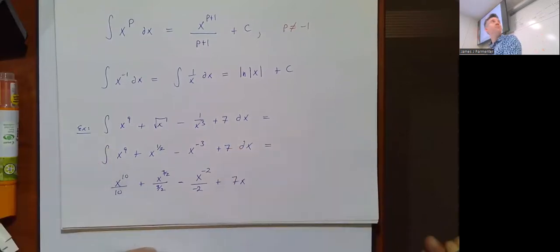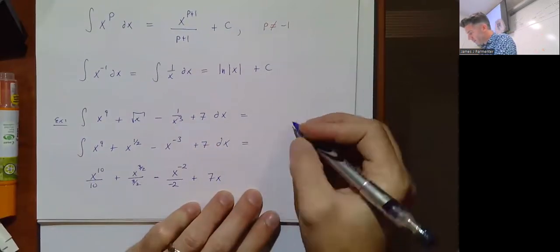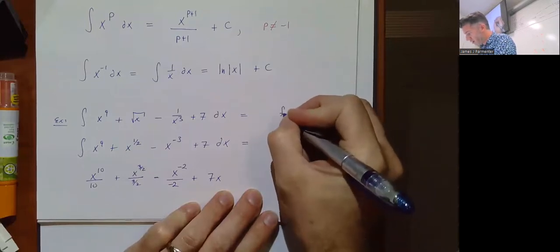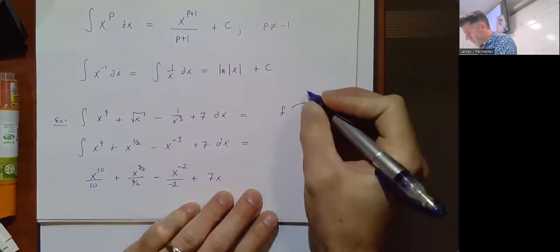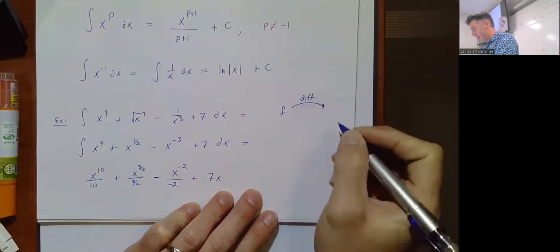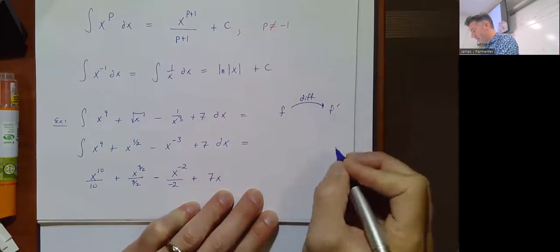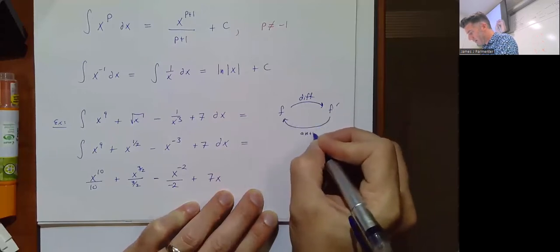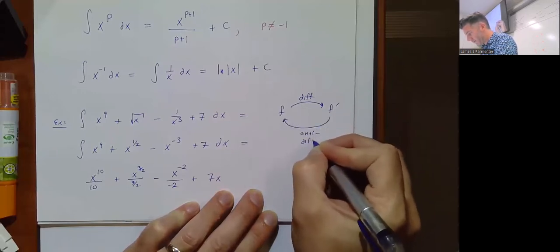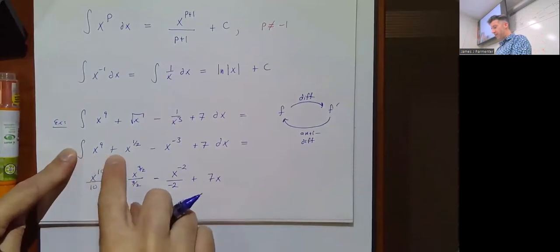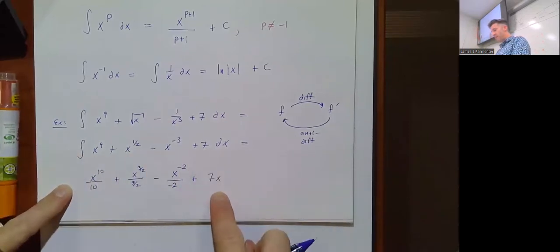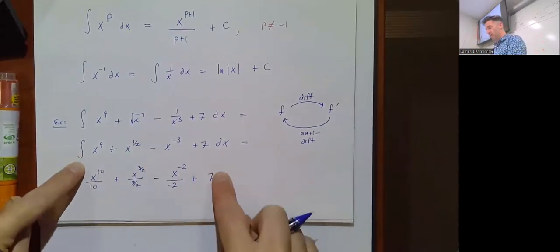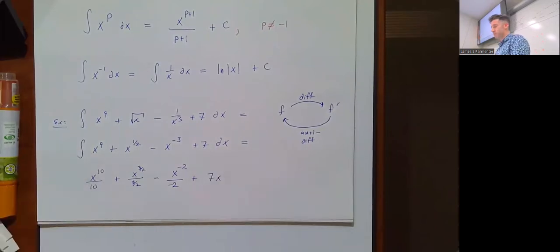In fact, I'm going to write this little picture over here. If we differentiate f to get f prime, we anti-differentiate f prime to get back to f. So if we anti-differentiate f prime to get back to f, we can differentiate f to get back to f prime. What did I forget?